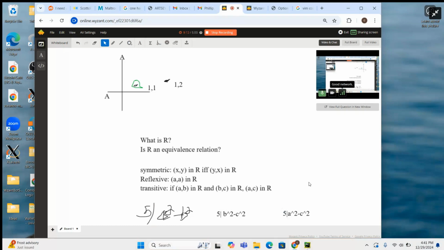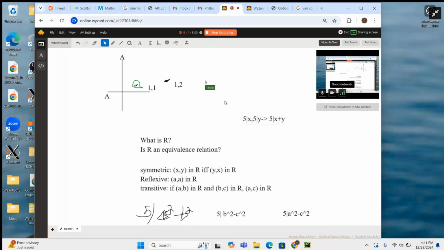If 5 divides x and 5 divides y, then 5 divides x plus y.